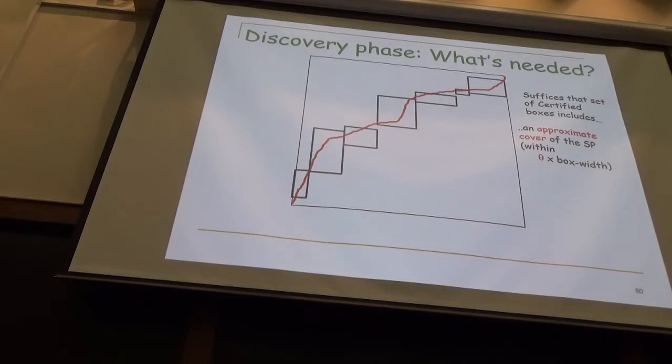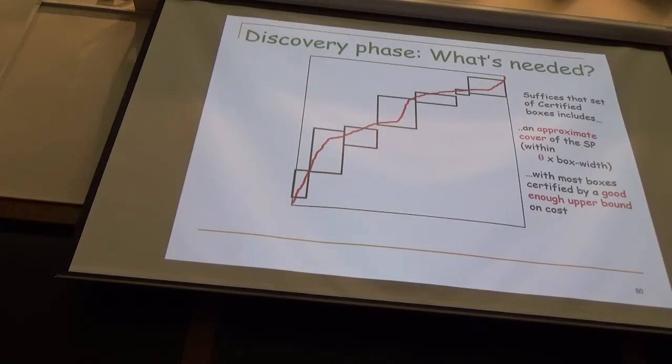Now, if it turns out that the boxes that you find aren't an exact cover, but an approximate cover, look at something like this. And most boxes are certified by a reasonably good upper bound.